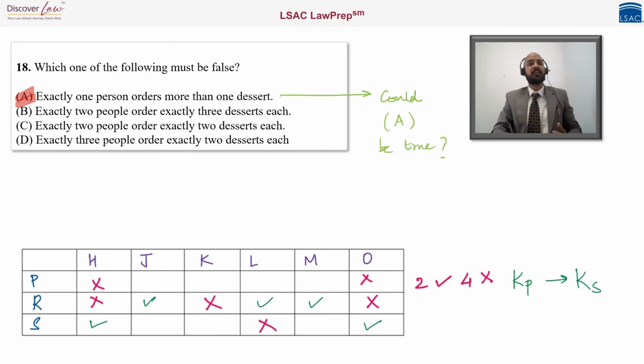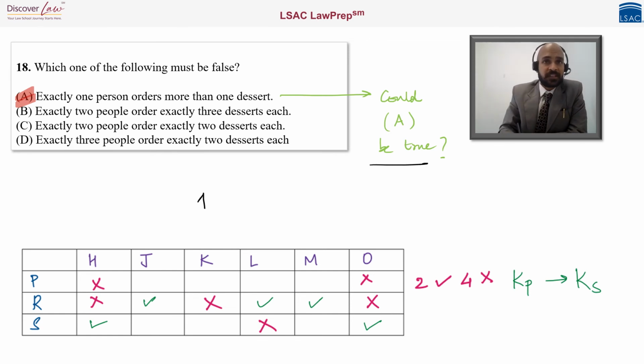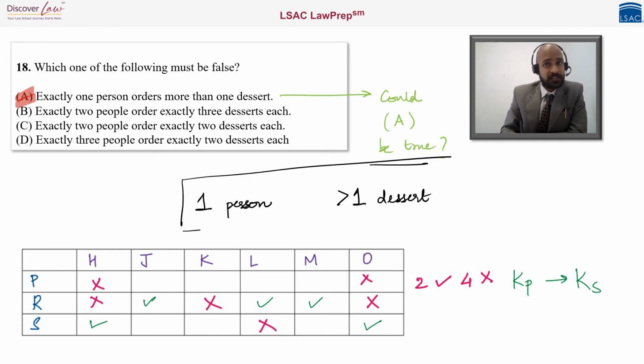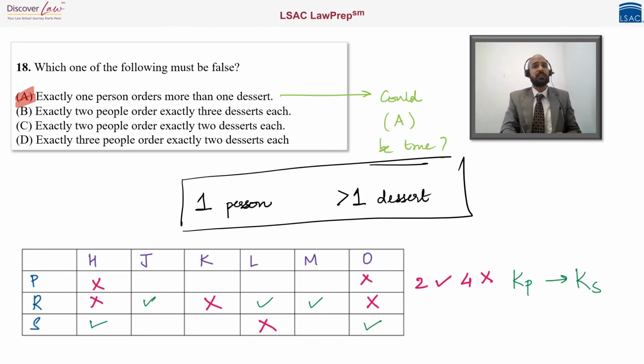Which means we're asking ourselves, is it possible that exactly one person orders more than one dessert? Could this be true? So is it possible that only 1 out of these 6 people orders more than one dessert? This is the question that we are asking ourselves to find the answer.